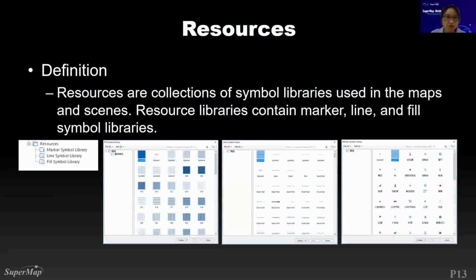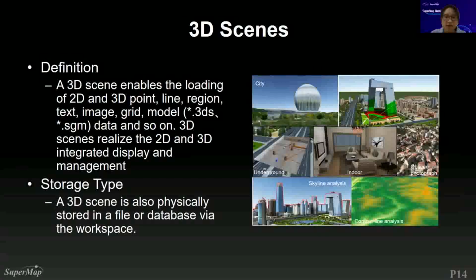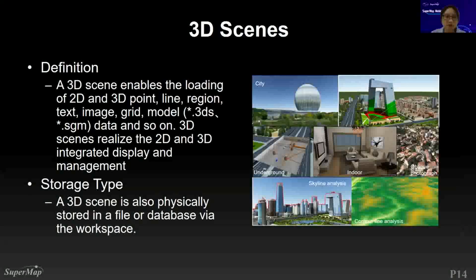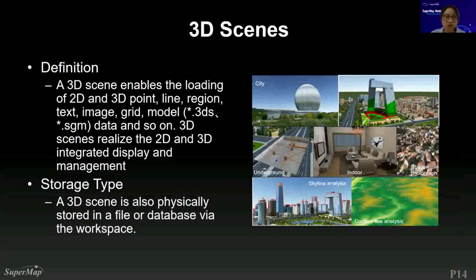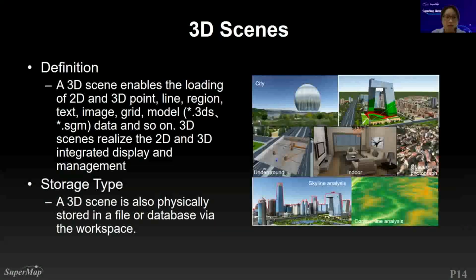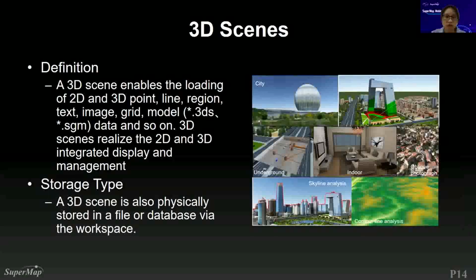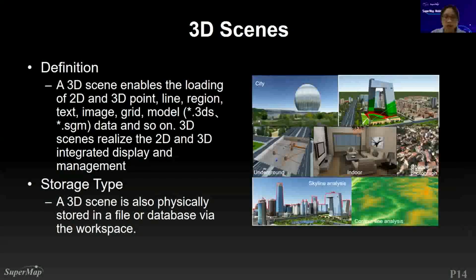Resources are collections of symbol libraries used in the maps and scenes, including the marker symbol library, line symbol library, and fill symbol library. The last one is the 3D scenes. A 3D scene enables the loading of 2D and 3D point, line, region, text, image, grid, model data, and so on. So 3D scenes realize the 2D and 3D integrated display and management. These things are also saved in our workspace.